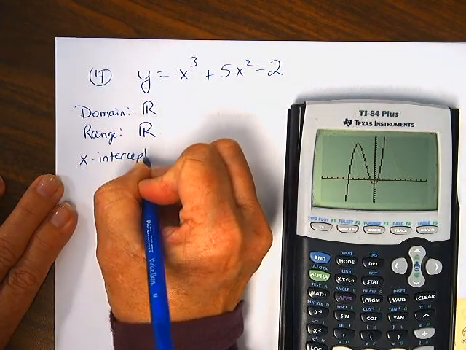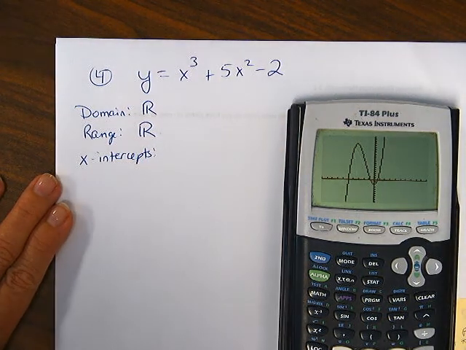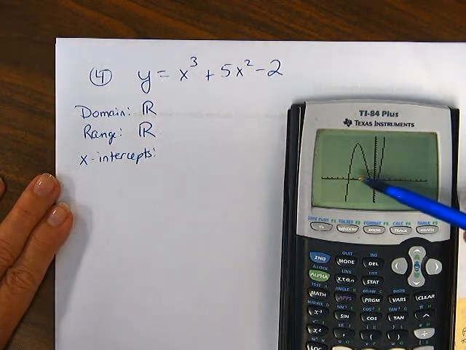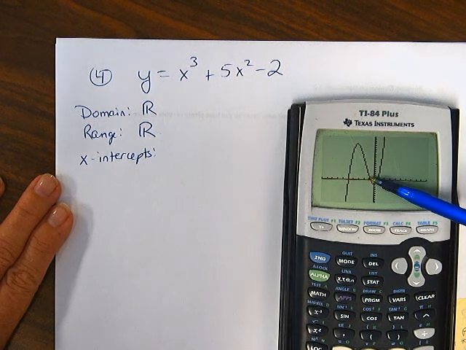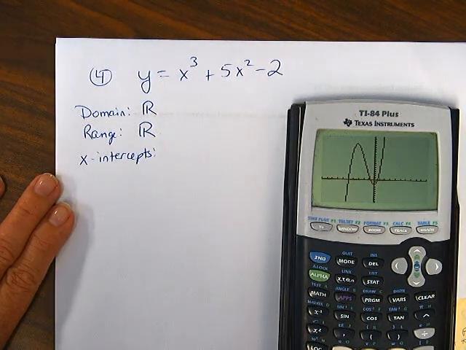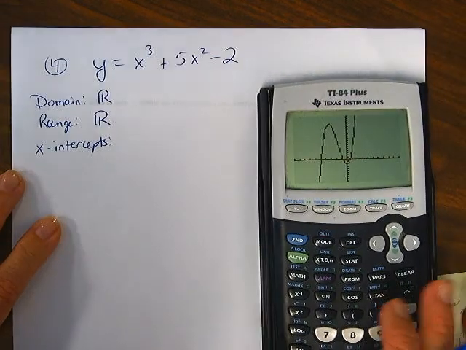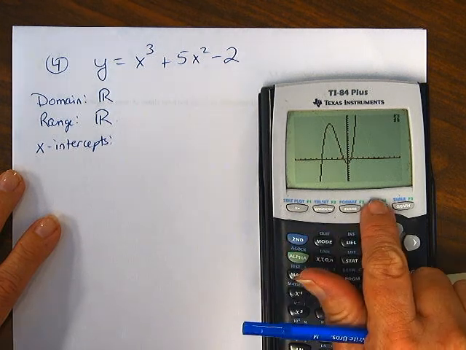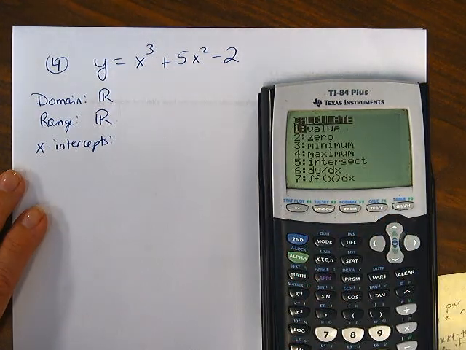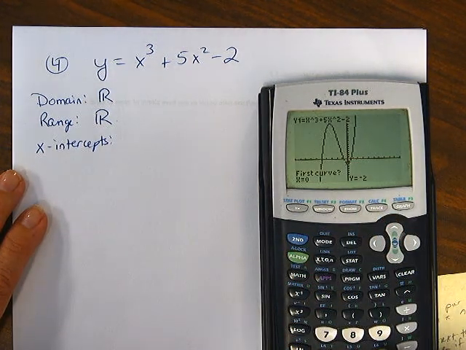Just looking at this, how many x-intercepts are we going to have? We have one here, and one here. So there's going to be 3 unique x-intercepts on this cubic function, which is the most you'll ever have on a cubic function. And again, to find this with second, trace, we're going to choose option 5, intersect.